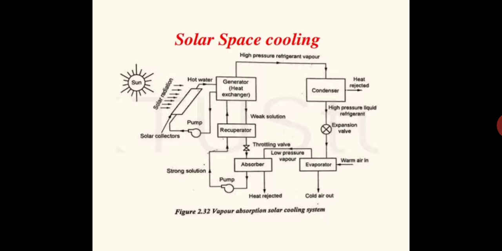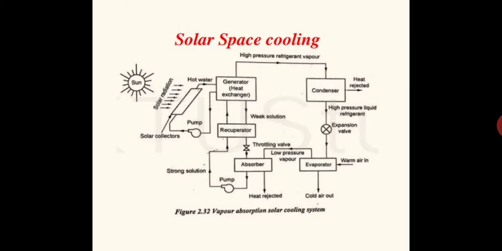Usually that process takes place within the evaporator. In the evaporator, the low temperature, low pressure refrigerant absorbs the heat energy from the air, and it is converted into its vapor state. So the latent heat of vaporization is absorbed by the refrigerant within the evaporator. That is what usually takes place. So we need to provide low temperature, low pressure refrigerant to the evaporator for all this to happen. Okay, that is our aim.